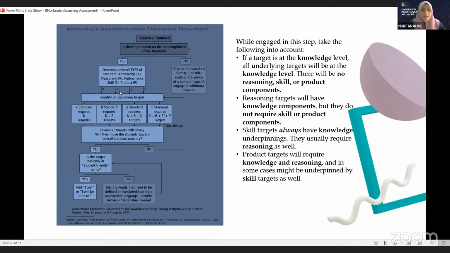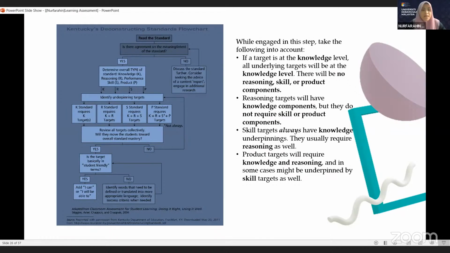You can determine the overall type of standard, the one that I have just presented, whether it's on knowledge, whether it's on reasoning, whether it's performance-based, skills-based, or product-based. And then you have to know which targets are relevant for your students, that are relevant for your class.